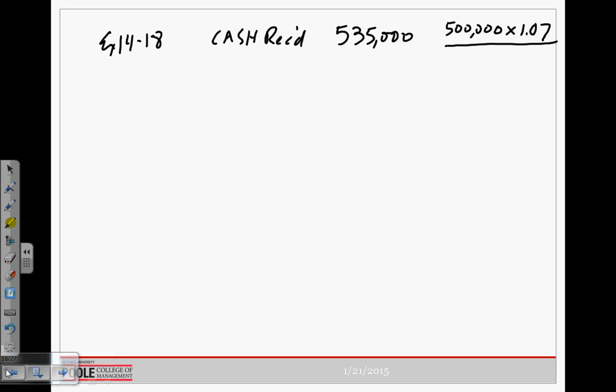What we have to figure out is how much do I allocate to the 500 bonds, and how much do I allocate to the 10,000 warrants? Because remember, each bond had 20 stock warrants.